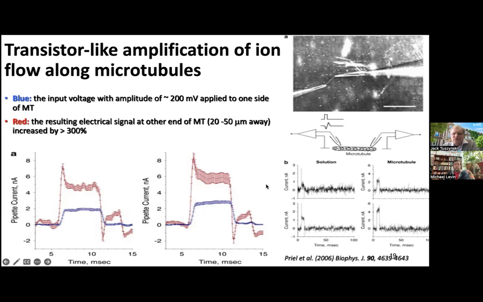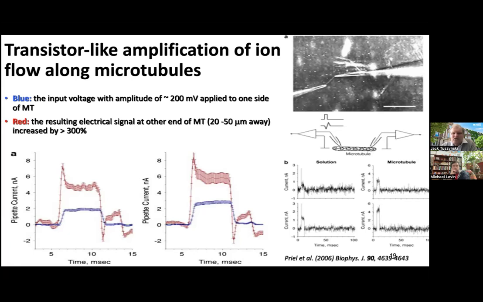In the micrograph, you see a single microtubule grabbed by two micropipettes with electrodes, and electric signals were sent from one of the electrodes to the other, and the intensity was measured. We found to our surprise that the signal was increased. In other words, a microtubule acted as an amplifier. We call it a transistor-like amplification of ion flows. That was really interesting and intriguing.